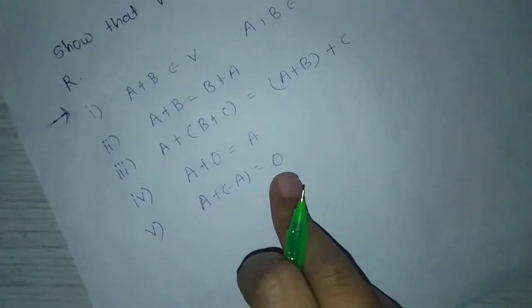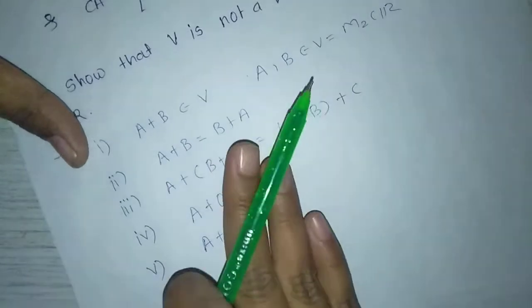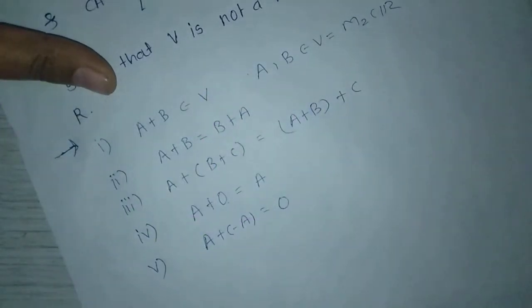Identity means null matrix. This is your exercise to show that these properties are satisfied.